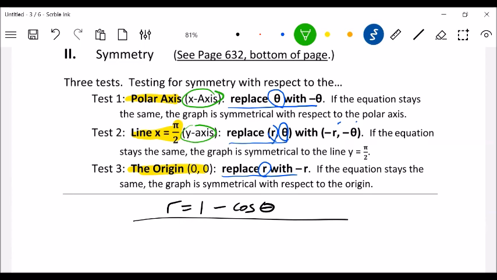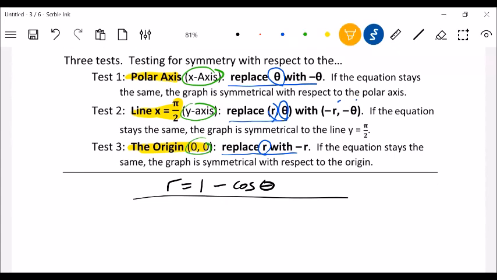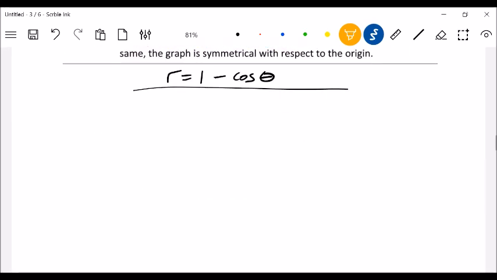Or it's flipping over the y-axis. Okay? And pi over 2, 90 degrees is like going up the y-axis. Okay? Or flipping over the origin. Okay, so that's like a diagonal flip there, I guess is maybe the best way to put it. What you do is set up the equation by changing the negative. So you change that, you change these two, or you change that one. So let's actually do that. We're going to do test 1.